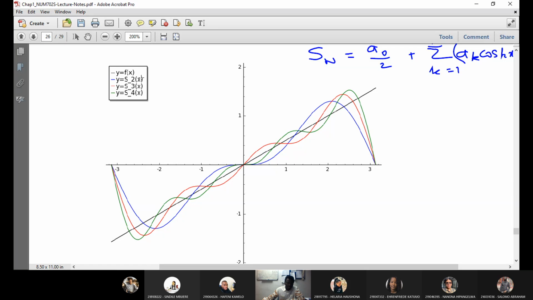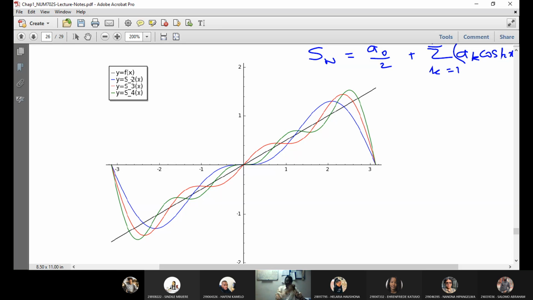Now, if we use two terms in the series, that is n equal to 2, when I say two terms, it means that you have the combination, of course, of cosine and sine, right? That's one term, when k is equal to 1, because you have A1, B1. Both combined together, that's one term.